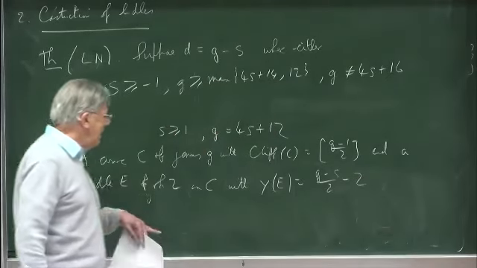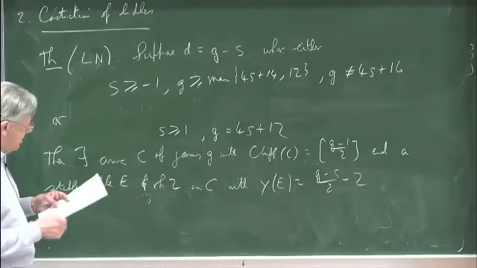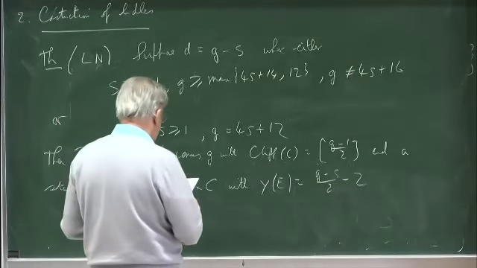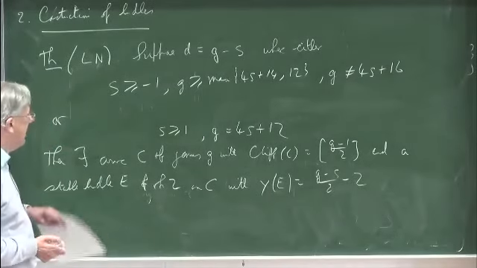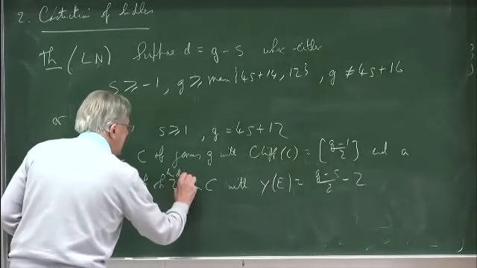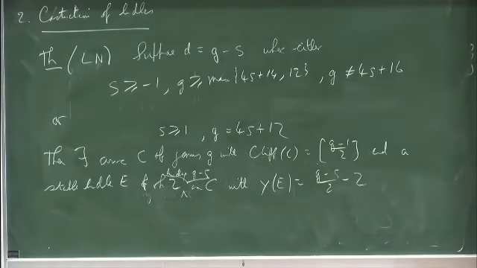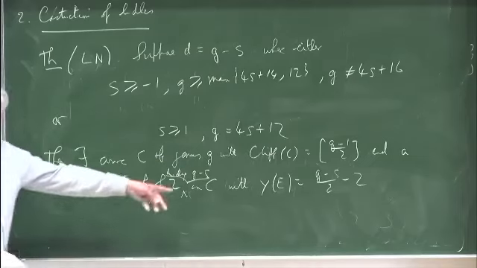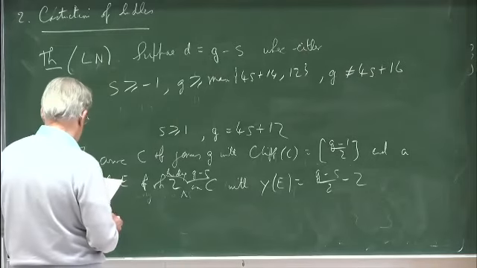Given that the degree is g minus s, I should put in: stable bundle E of rank 2 and degree g minus s. That's the same as saying that h^0 of E is 4, to say the Clifford index, given the degree, is that.